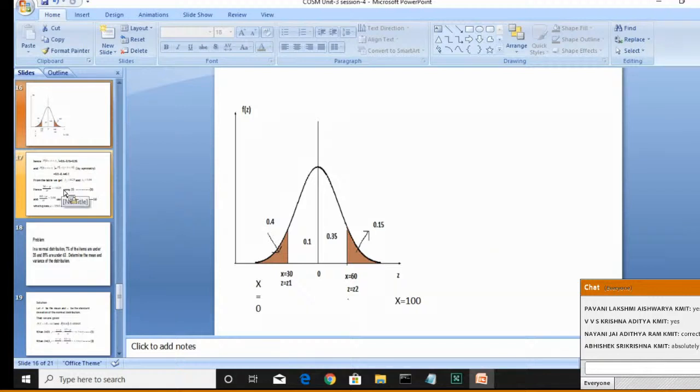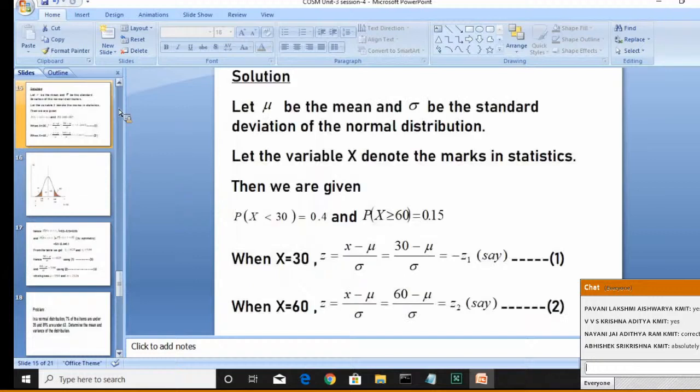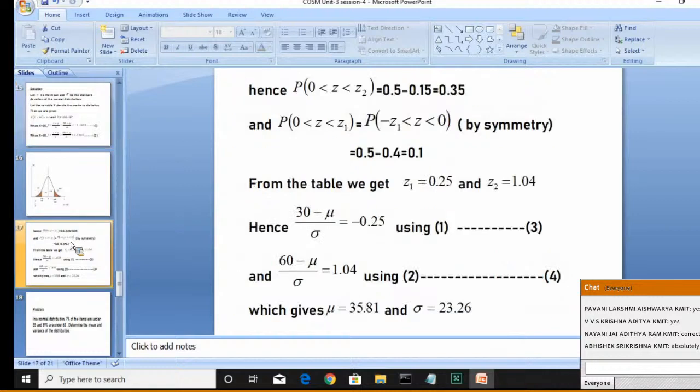For that we have two equations we have already written and kept, let me take the previous slide. This is the equation we are having. Now what I am telling you should clearly understand. Probability of 0 less than Z less than Z2 is 0.35. I found it out and showed you in the figure.